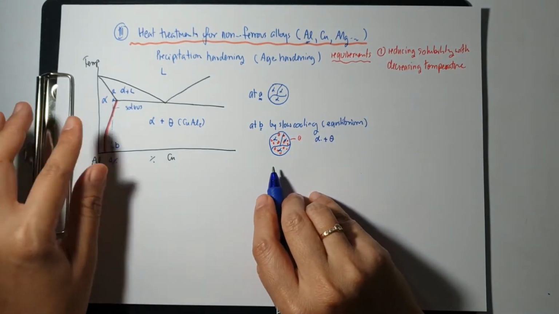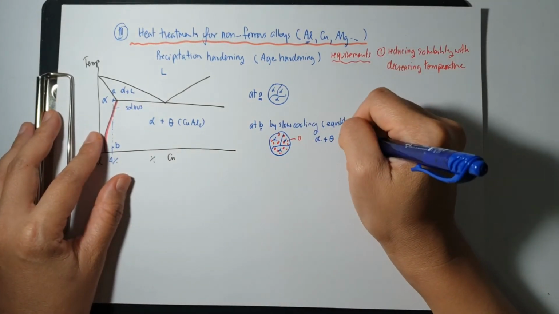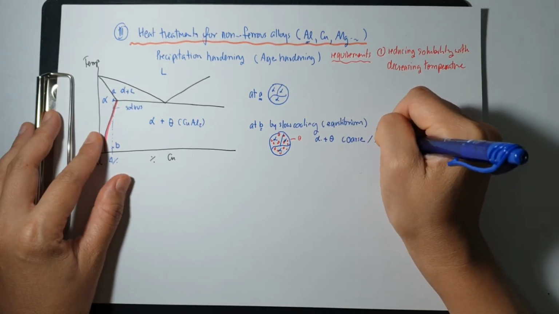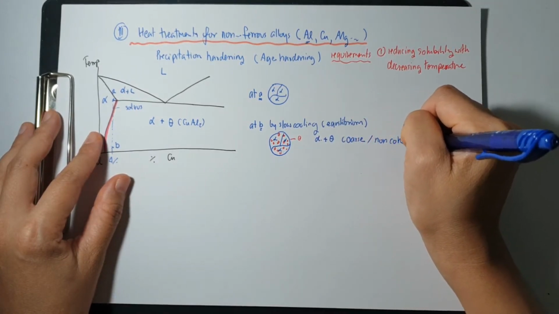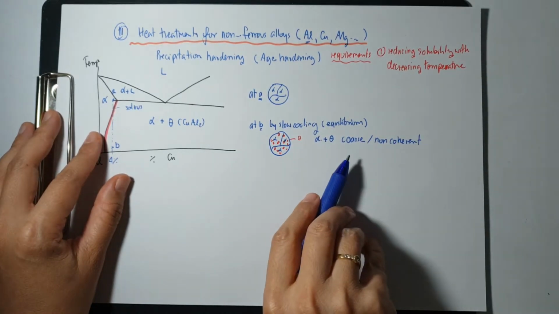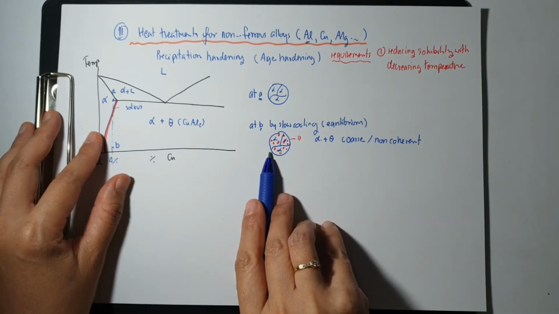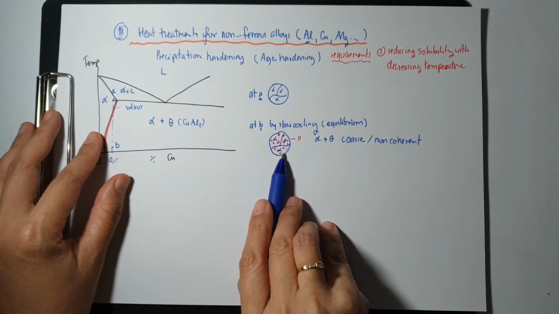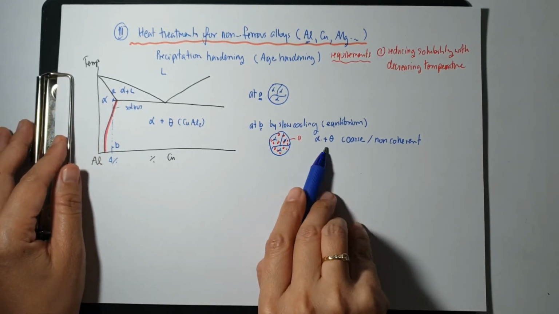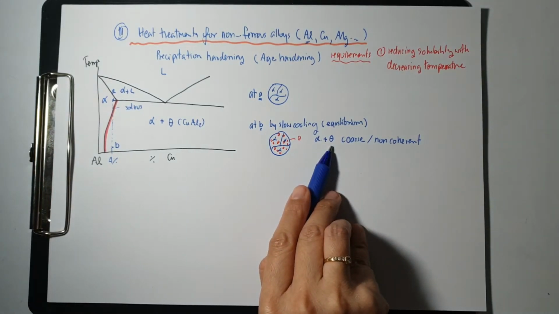But in equilibrium, the theta phase or precipitate phase is quite coarse and also non-coherent to the matrix. That means it can't resist the deformation applied by external forces. It can't contribute to strength or hardness. So we have to change. We don't want coarse theta precipitate phase.